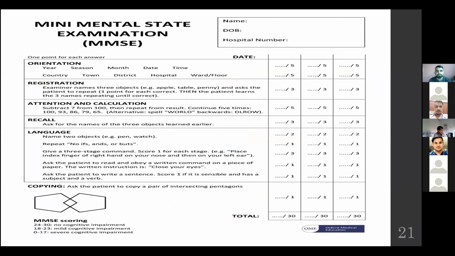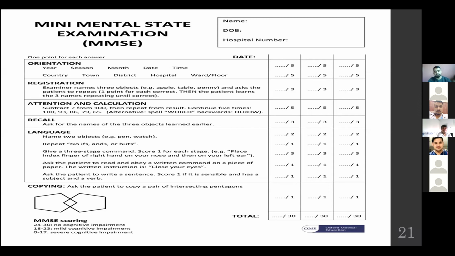This is another test for cognition to look for cognitive impairment in a patient. You do a mini mental state examination test. If you go through this slide, it's very easy. You can give the number, how many answers the patient can give you, and count the total.